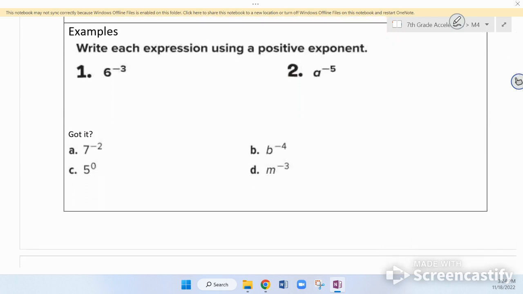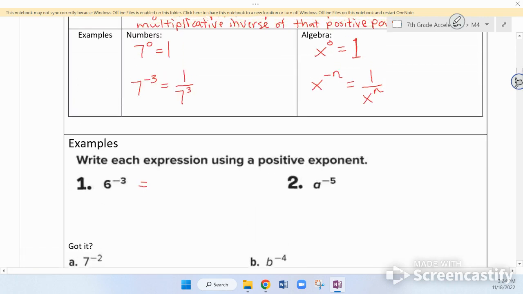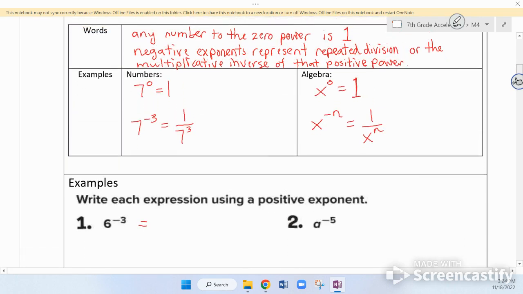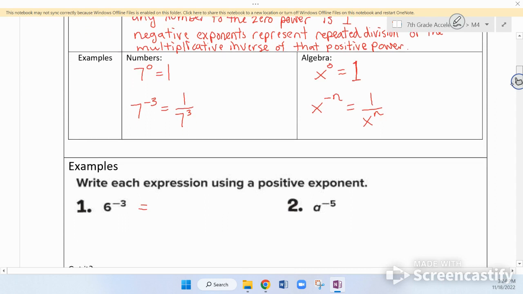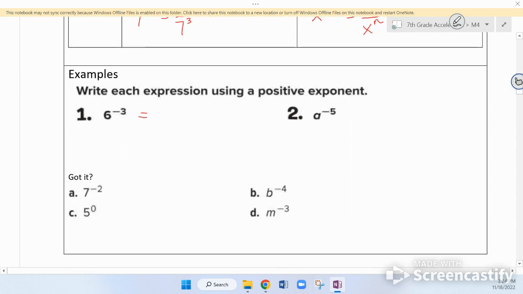Write each expression using a positive exponent. We're just using the definition of negative exponents. According to this rule, negative exponents mean repeated division. So we're going to say 1 divided by 6 three times. Or we think, well, it's the multiplicative inverse of that positive power.